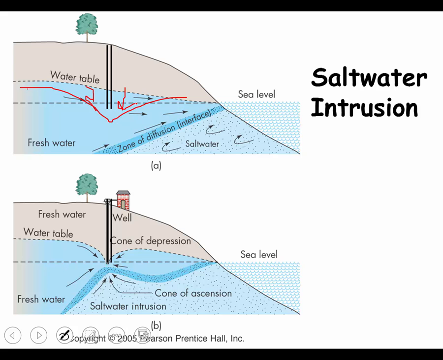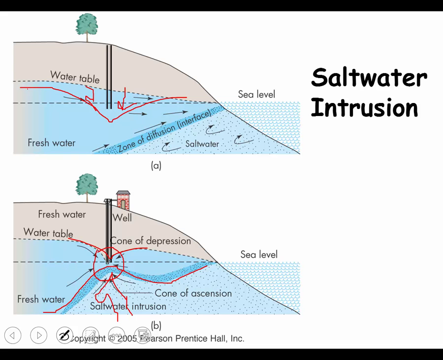By lowering it, you allow the salt water to rise, and it can, in fact, intercept the well you're pumping. So we have at the surface what we call a cone of depression, but at the saltwater interface, we have a cone of ascension, where we're drawing up the salt water.